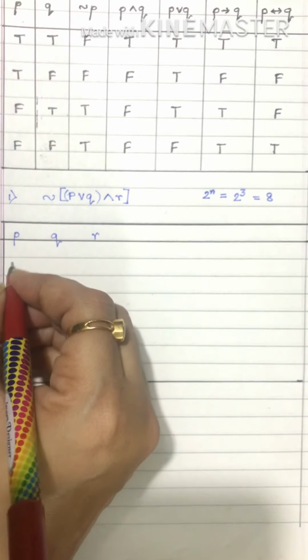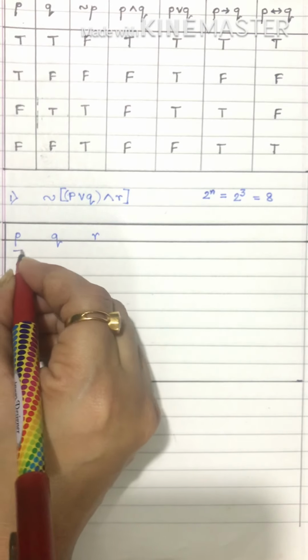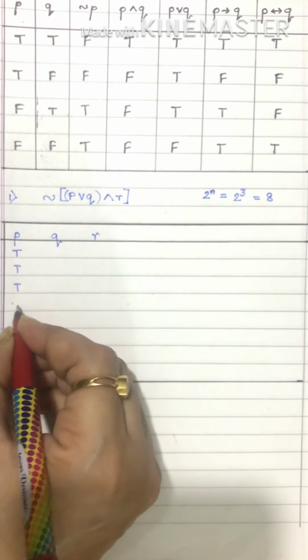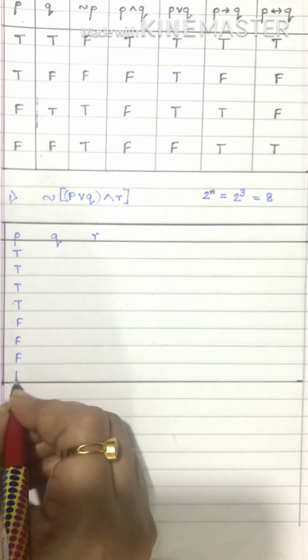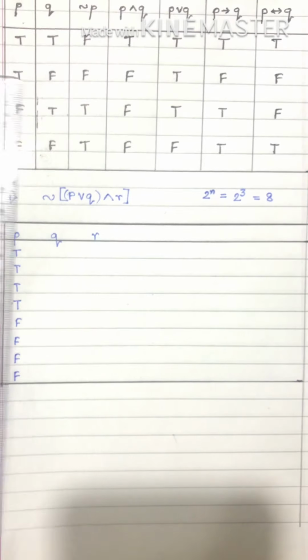So for the first column, you write T 4 times, and then write F 4 times. Okay, this was our first column.